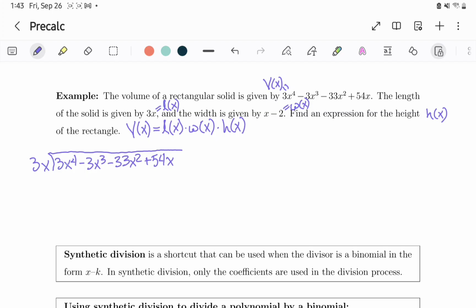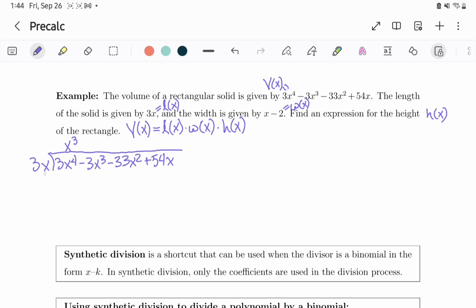The 3's are of course going to cancel out, so we'll just have x to the 4 over x. And we can cancel out one of the factors of x in the numerator with the factor of x in the denominator, and what we're left with is x cubed. So our first term for the quotient is x cubed.